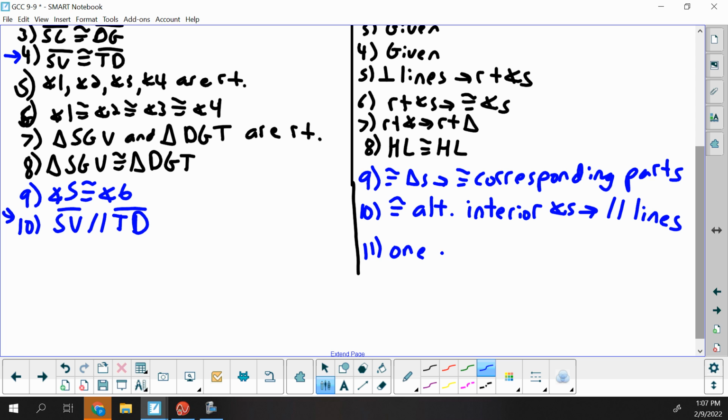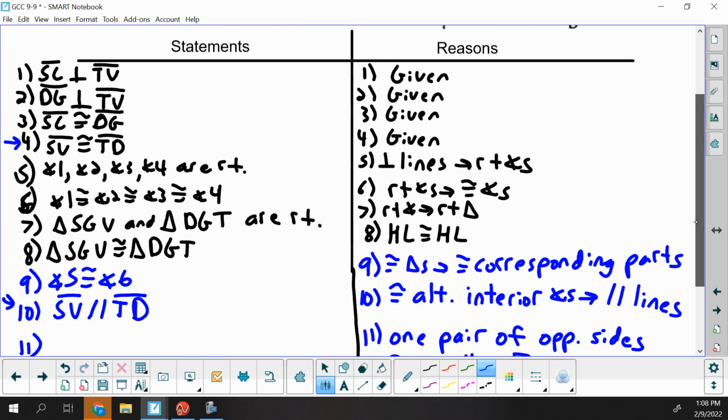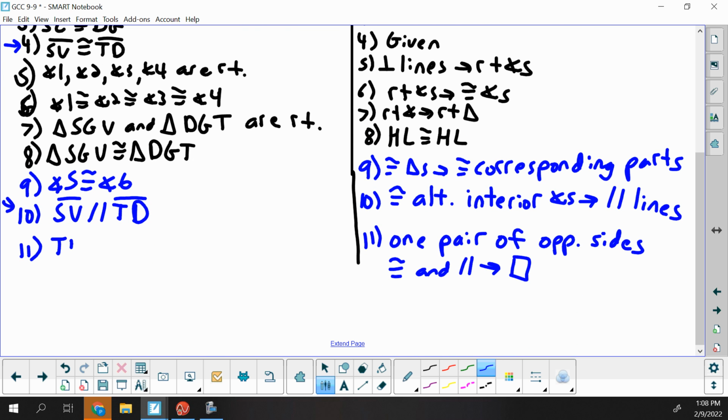We have one pair of opposite sides congruent and parallel implies parallelogram. And to finish it off, we'll just say what we wanted to prove. So we've got TDVS is a parallelogram.